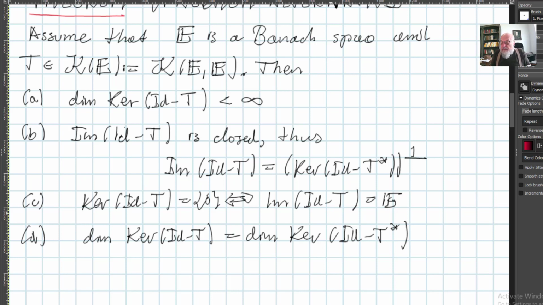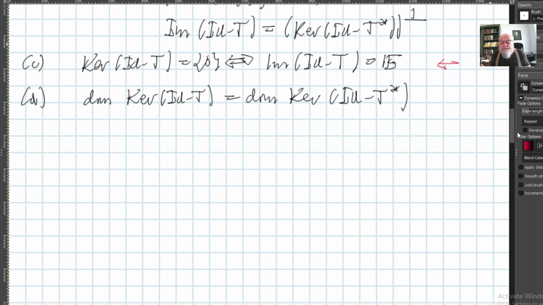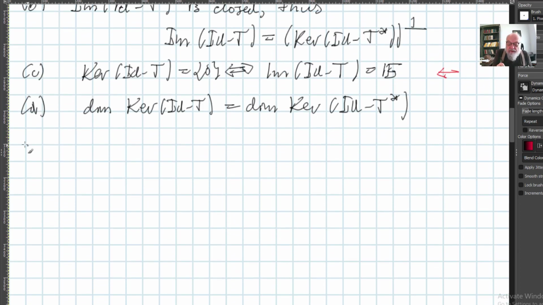And now the fact that this is an alternative is related to the point C, so put it like a remark.